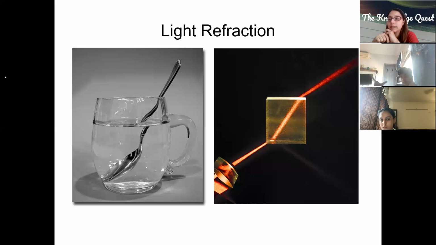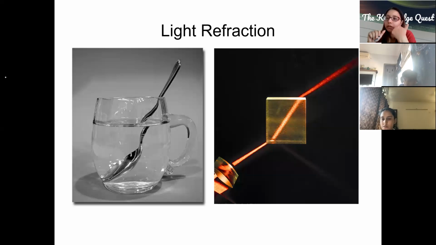In terms of the mirror, the buildings, any opaque object. Refraction will happen only when the object is a transparent medium or a translucent object through which light can pass. Right?